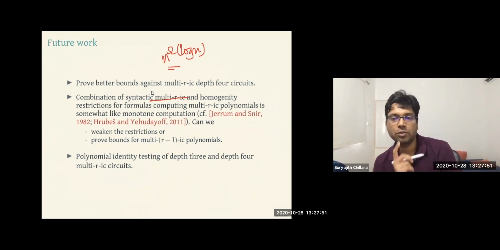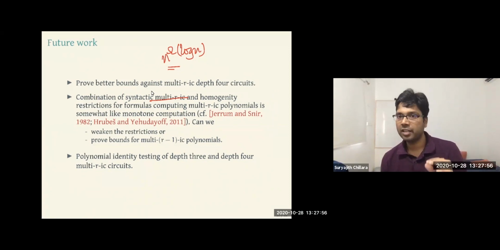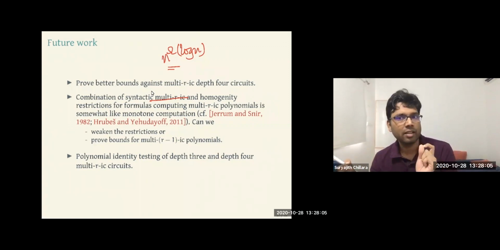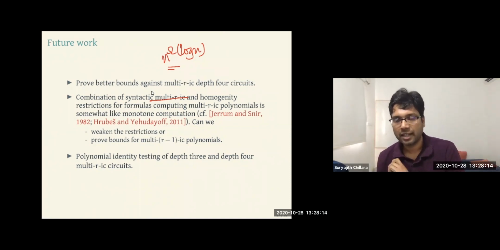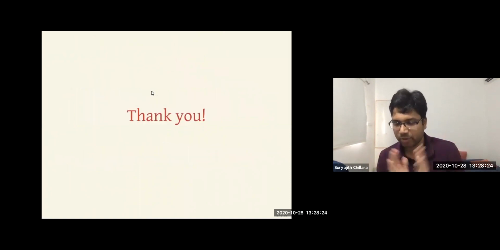The other question, which I think Amir pointed out, is that for multilinear formulas of small depth, syntactic multilinearity and multilinearity are the same. However, when r is greater than 1, it is not known whether they are the same. Is there a power loss or a power gain? That we do not know. Another important question here is identity testing of circuits. That is where I would like to stop.